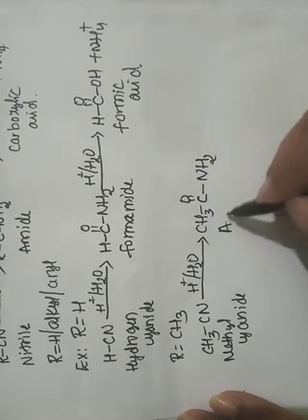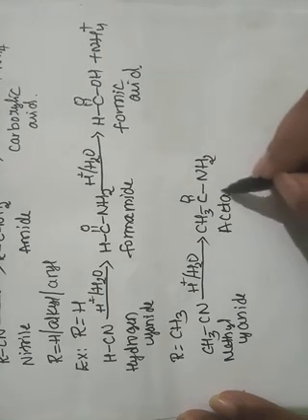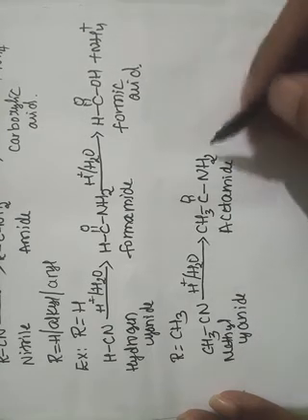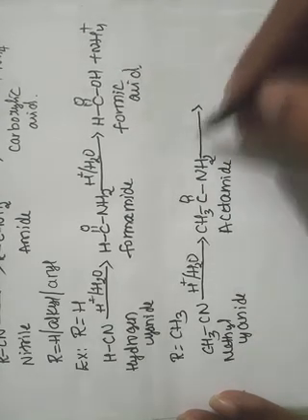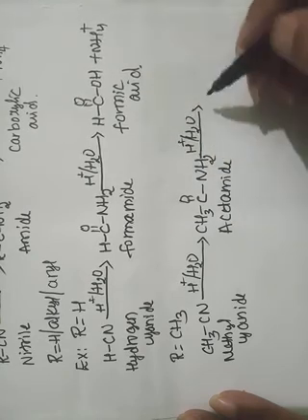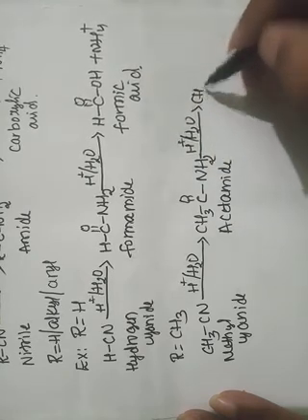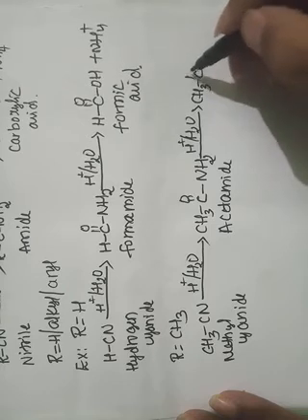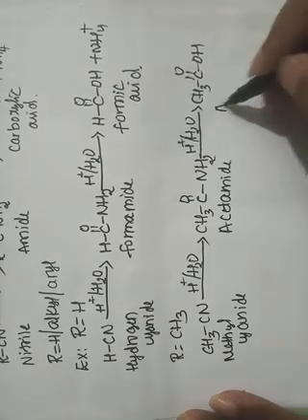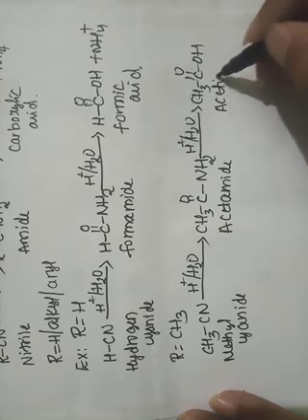So this is acetamide. So methyl cyanide upon acid hydrolysis gives acetamide. This acetamide on further acid hydrolysis will form a carboxylic acid, that is CH3COOH. So this is acetic acid. So let us take one more example.